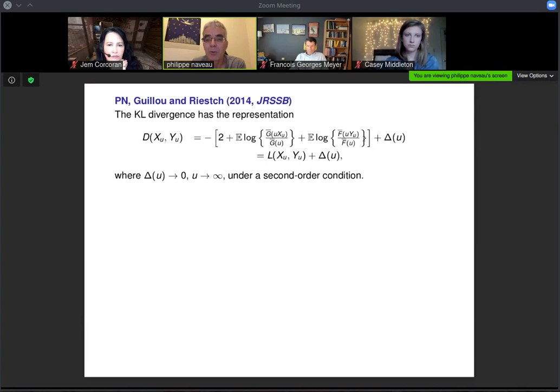The story I want to tell with this formula is that if I want to compute, for u large, the divergence between the exceedances above the threshold u, then I don't have to work with the PDF, I just need to know how to work with the survival functions g bar and f bar.